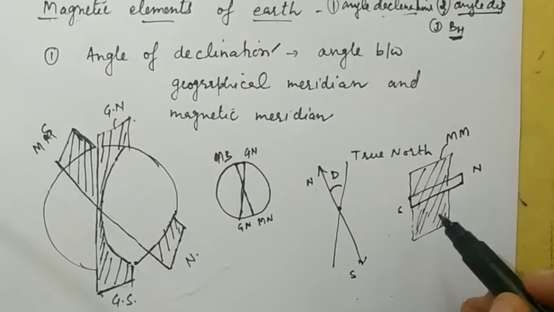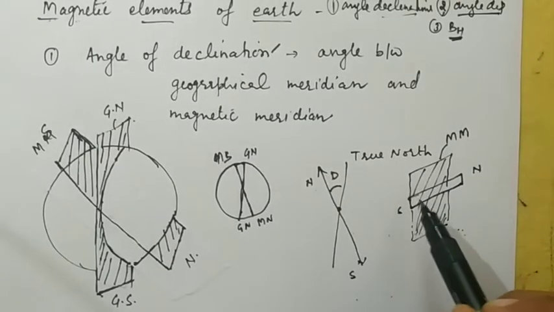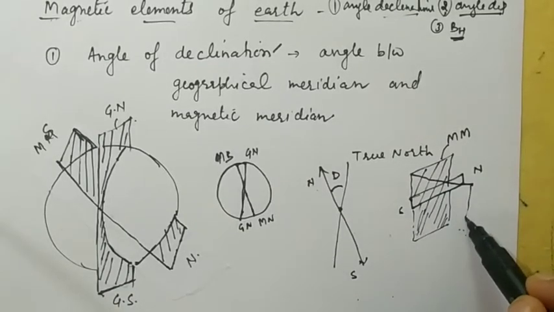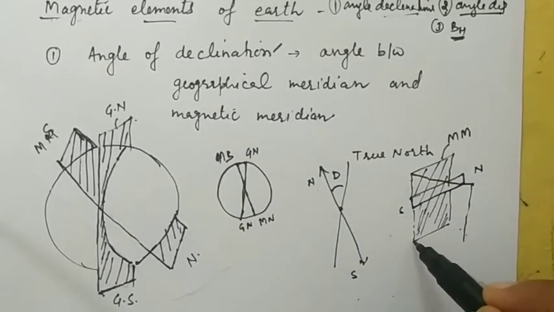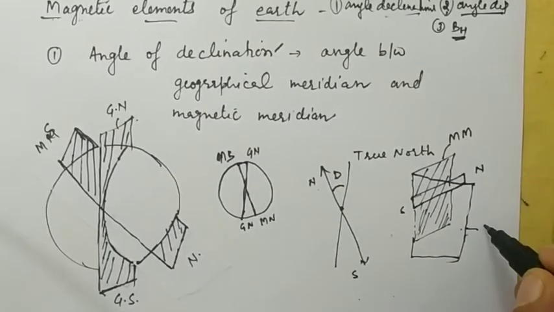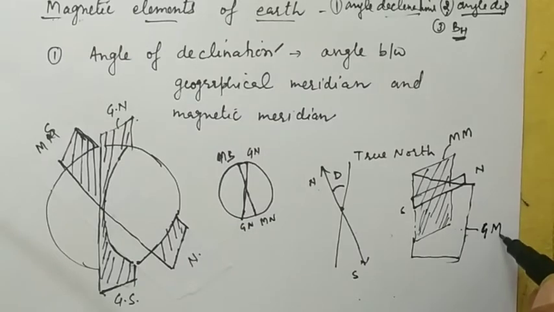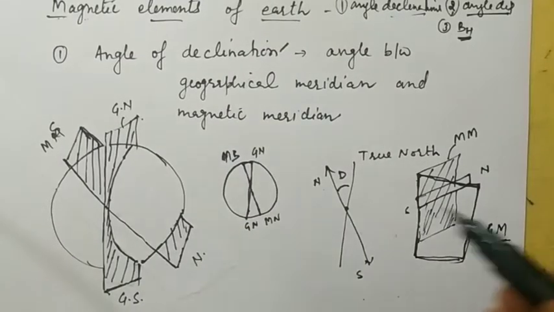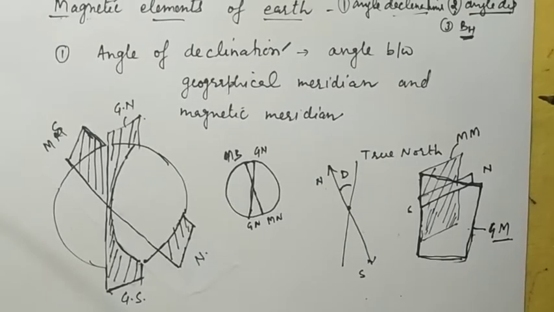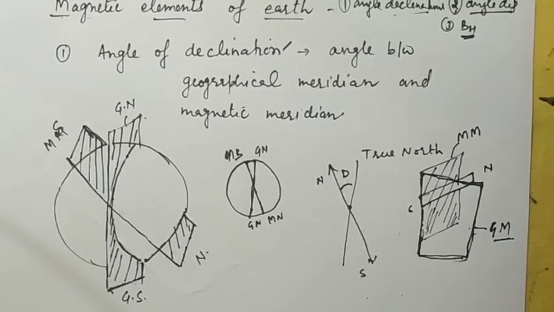And if I make a plane towards the geographical south-north pole, along this direction, this plane is known as a geographical meridian.